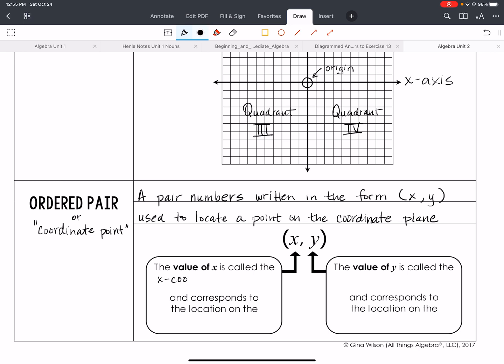It's the x coordinate of the coordinate point or the coordinate pair. Sometimes we're going to be referring to it as the input, and sometimes we'll be referring to it as the independent variable.